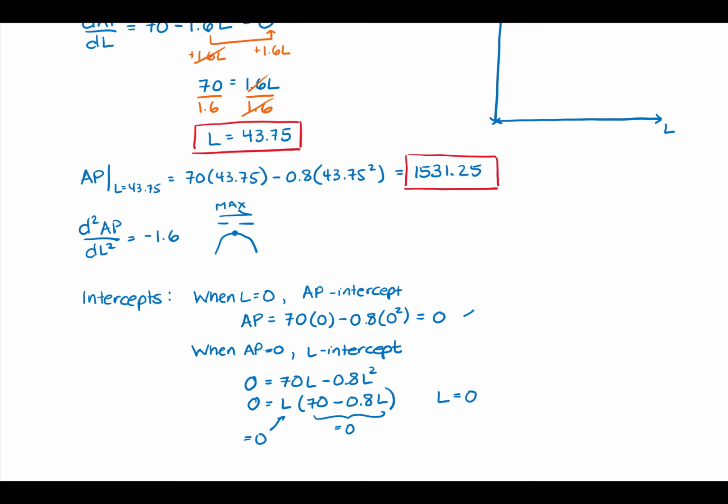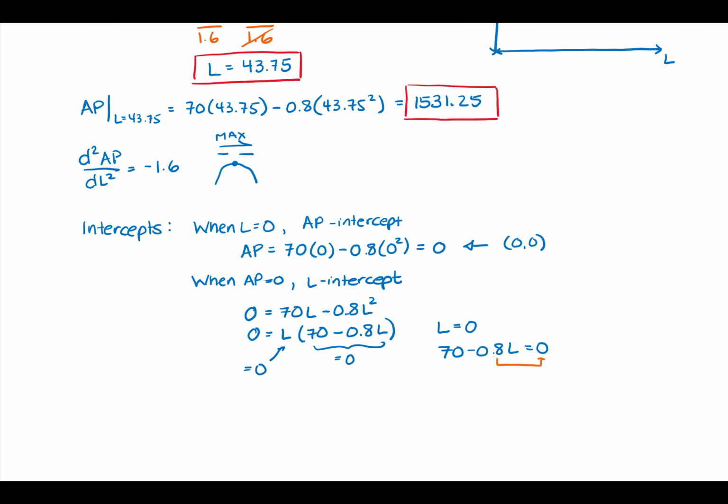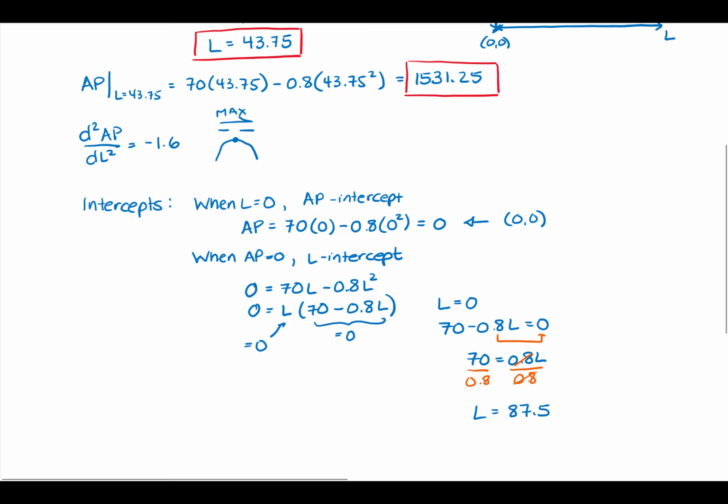We already solved for that, our 0, 0 intercept over here. As well as when 70 minus 0.8L is equal to 0. Doing a little bit of algebra, I'm going to move my 0.8L over to the other side. 70 is equal to 0.8L, and then I divide both sides by 0.8, and I get L is equal to 87.5.